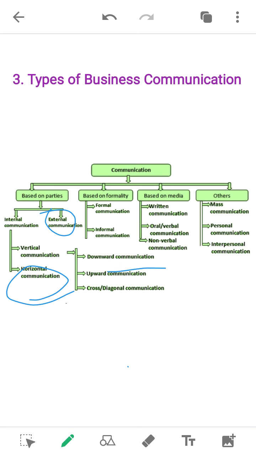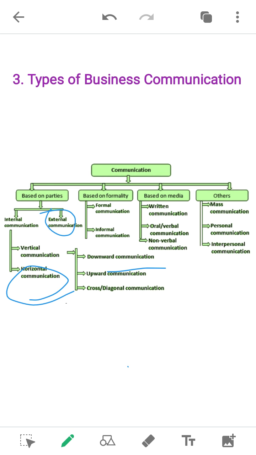Downward communication: when information passes from superior to subordinates, then it is called downward communication. Any orders given by the manager or the CEO to the subordinates are downward communication.